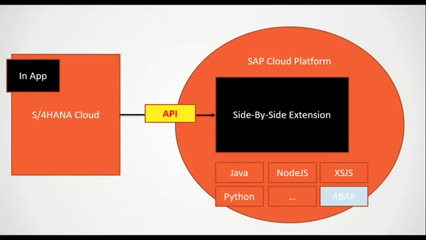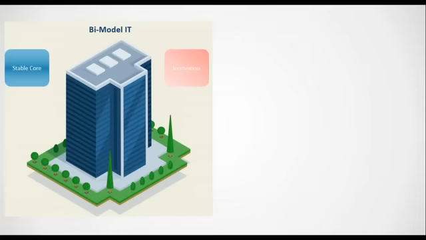So let's discuss the motivation behind cloud platform. What exactly is bimodal IT? As per Gartner's research, Gartner has provided guidance to all the multinational companies about the bimodal IT model. So what is bimodal IT? Bimodal IT says your company should run in two different modes.